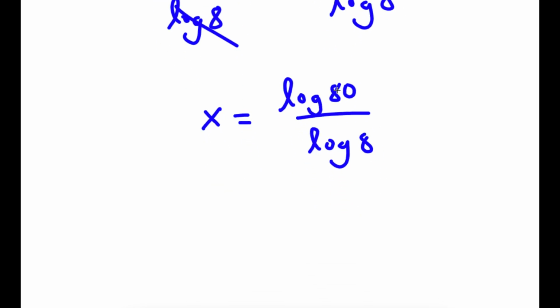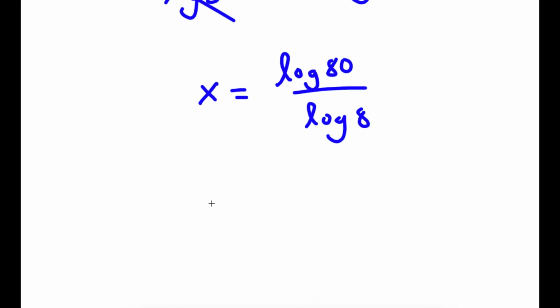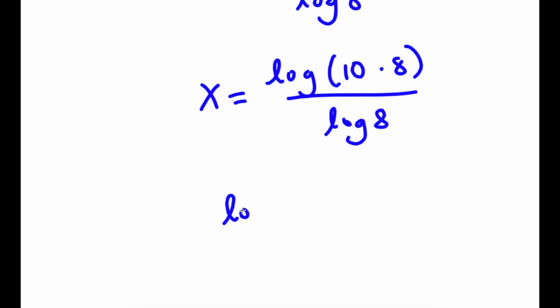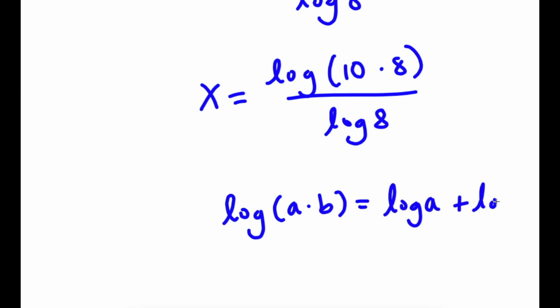So now log 80 here, well, 80 is the same thing as 10 times 8. So I'm going to rewrite log of 80 as log of 10 times 8. And if I have something in the form log of a times b, this is equal to log a plus log b.